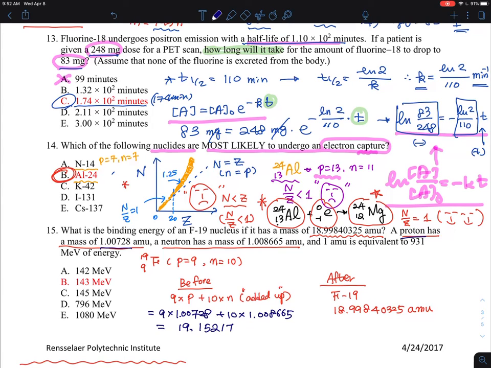Adding them together gives 19.15217. So if you have individual protons and individual neutrons, and then combine them into a nucleus, with the same number of protons and the same number of neutrons, there is a small difference in AMU units.